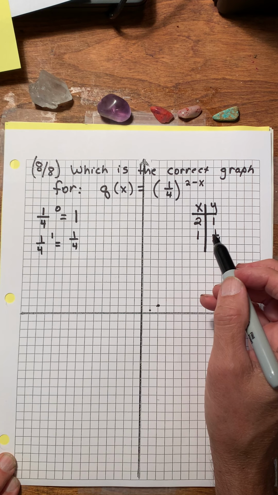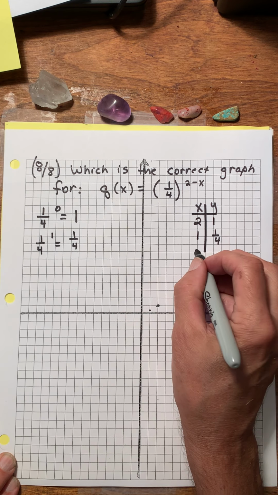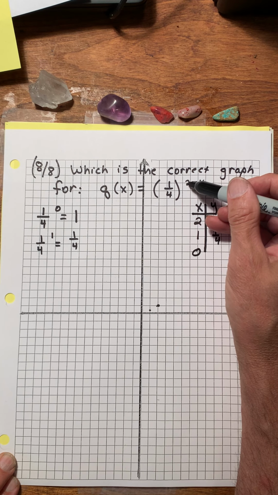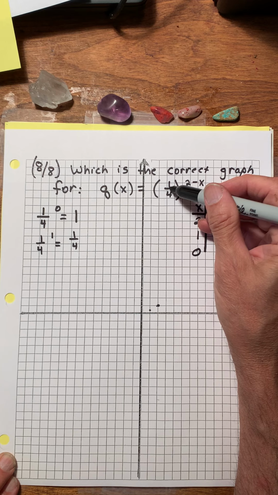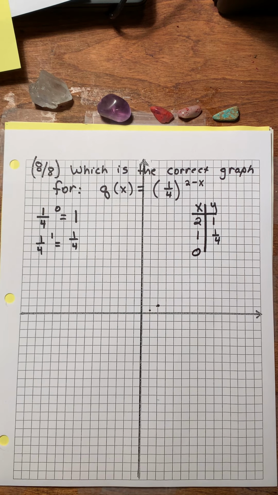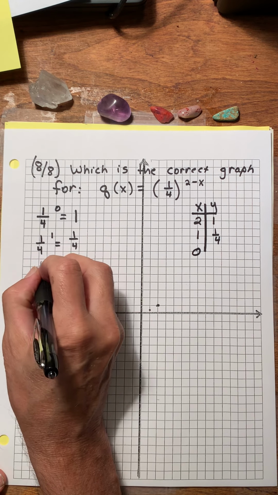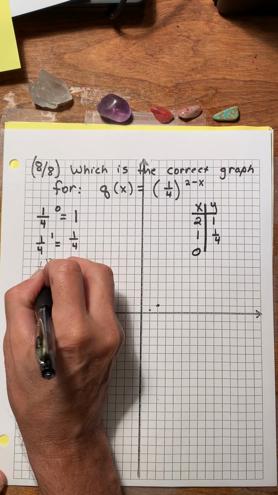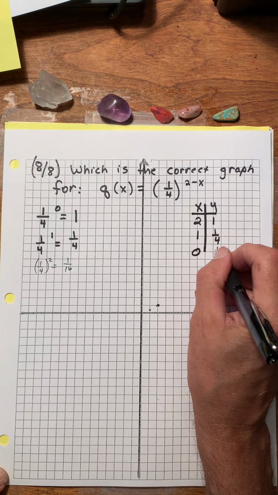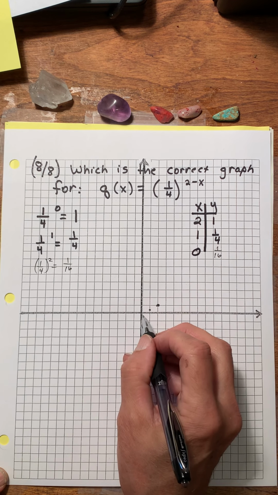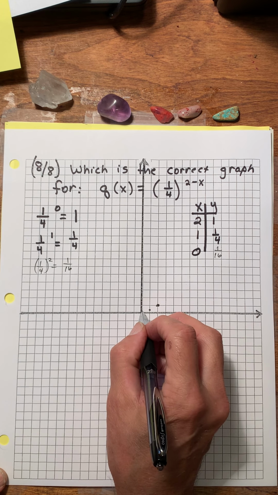Tell you what, let's do 0. 2 minus 0 is 2. 1/4 to the second power means 1/4 squared. That's 1/16. So if x is 0, I get 1/16.